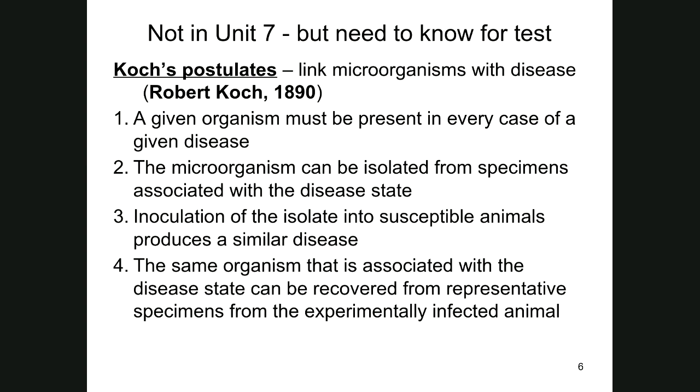The given organism must be present. It can be isolated. It can be inoculated into another animal or susceptible organism. And that same organism can then again be recovered, proving that it is that organism causing the problem. Koch's postulates. You need to know that for the test.